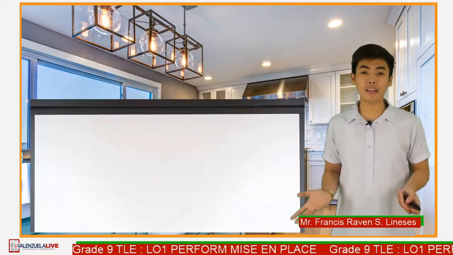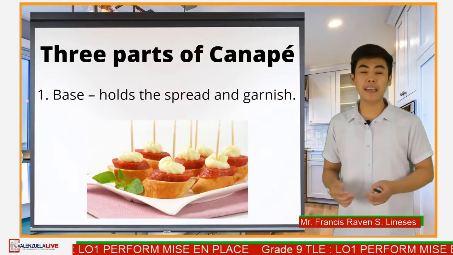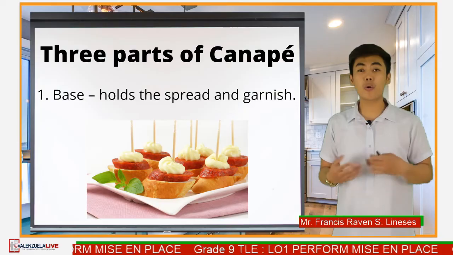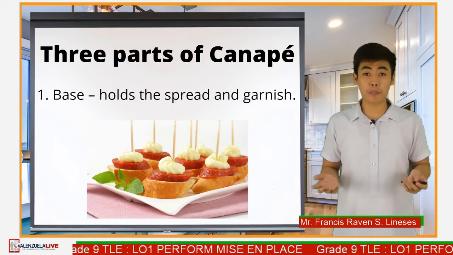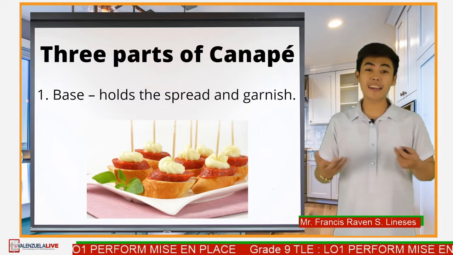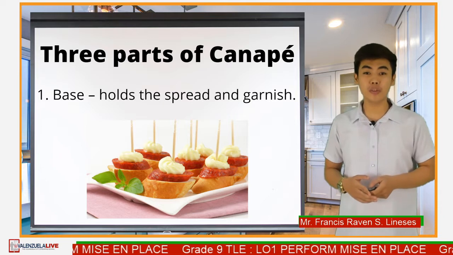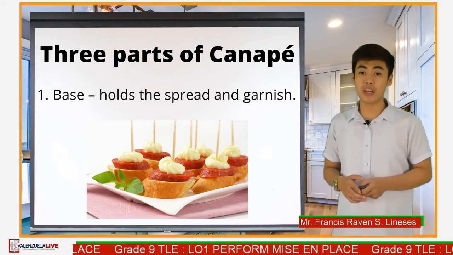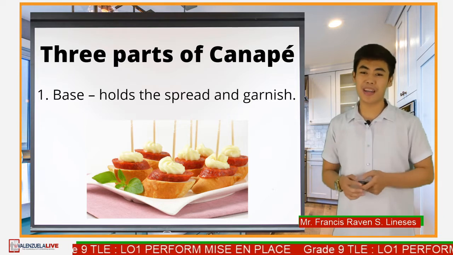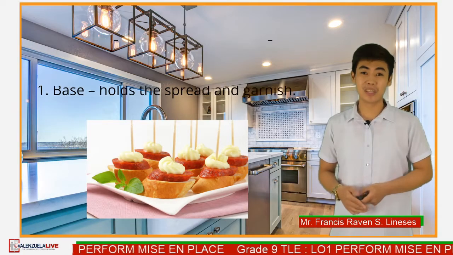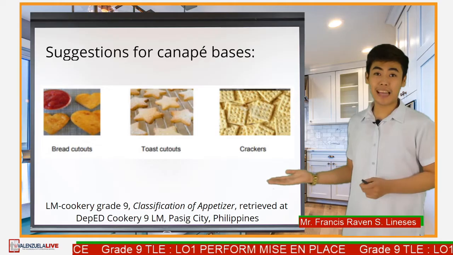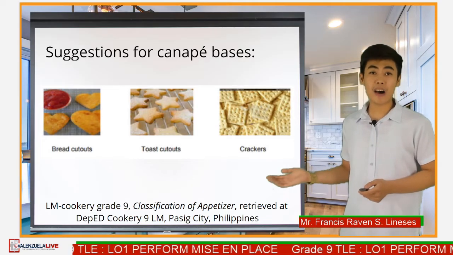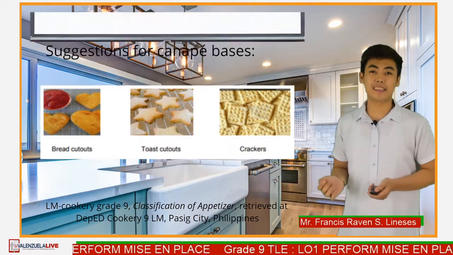Okay, the first part of the canapé is the base. It holds the spread and garnish, and is typically made from bread. Here are examples of bases that you can use when preparing canapés to give a wide selection. So what are those? We have bread cutouts, toast cutouts, and crackers.